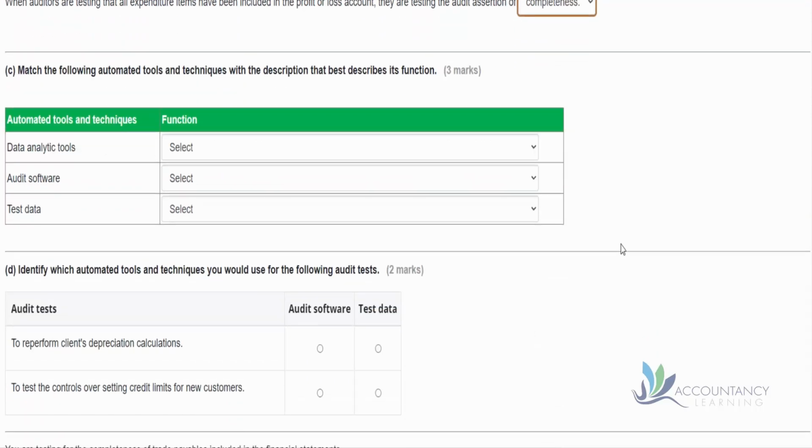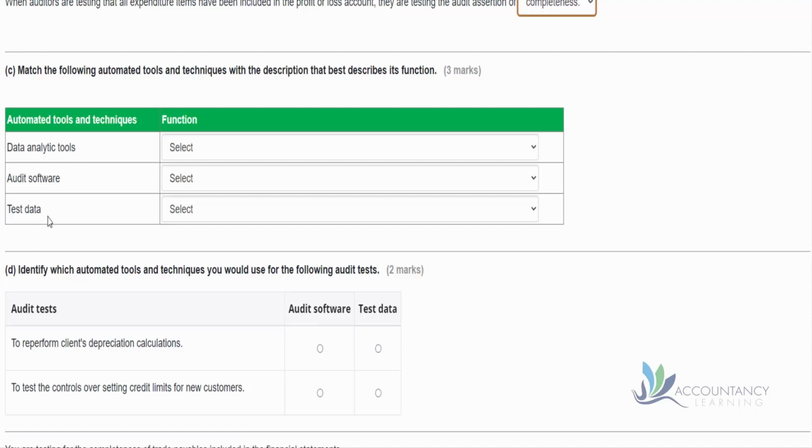Now, part C is about the technology we could be using in audits. So we've got 3 terms: data analytics tools, audit software, test data, and what are they trying to achieve? So let's look at the last two first of all, because data analytics can be done in a variety of different things really, but audit software and test data are a bit more specific.